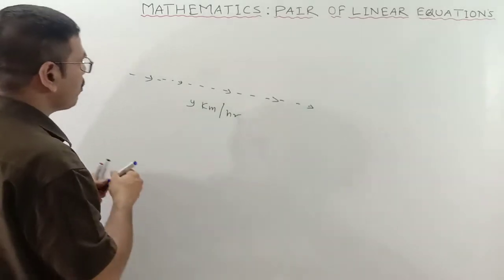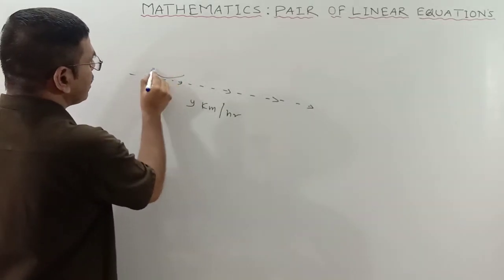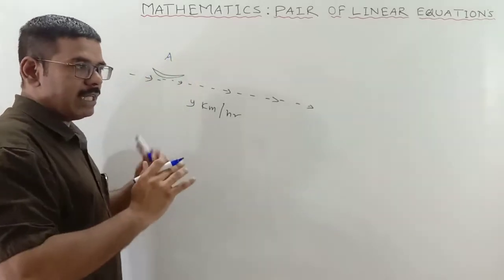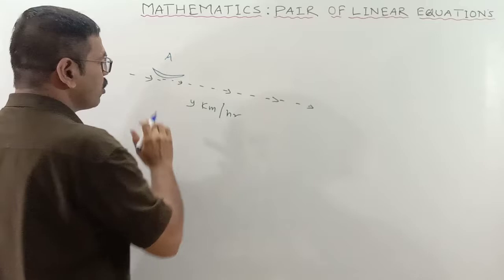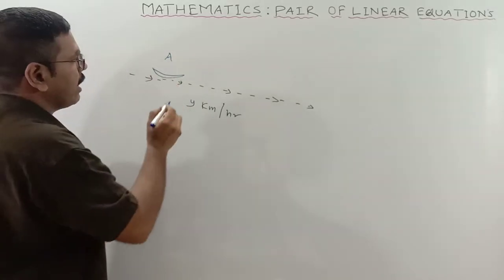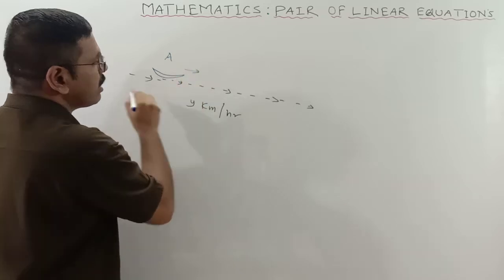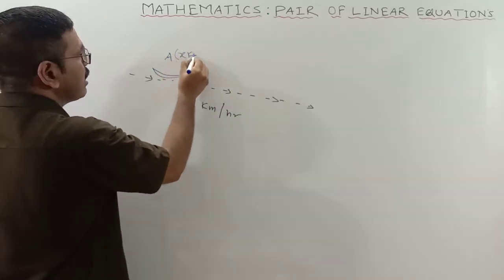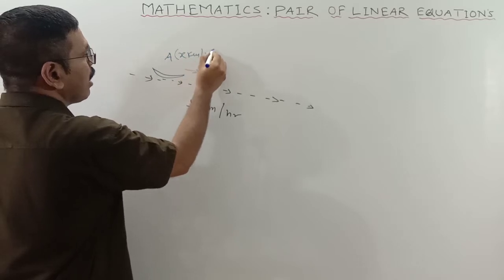Now there is a boat, boat A. It is just a boat with an engine. Boat A is moving with the direction of current. Suppose the speed of this is x kilometer per hour.